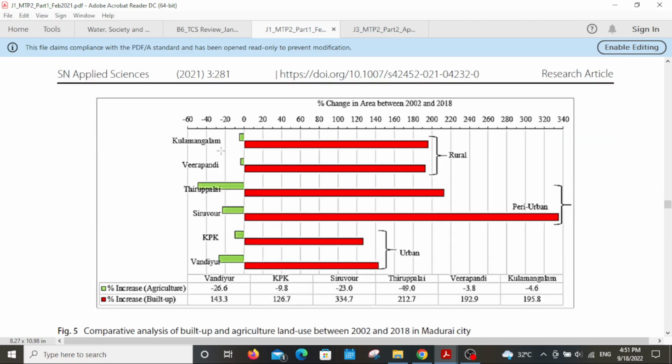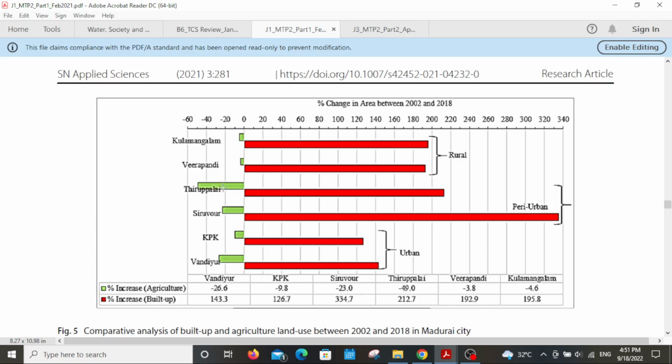And this is a comparative analysis of percentage change for both agriculture and built-up. We see here that the land under agriculture has declined across the study period, and the maximum decrease in agricultural land use is recorded below the line, followed by Vandiyur.